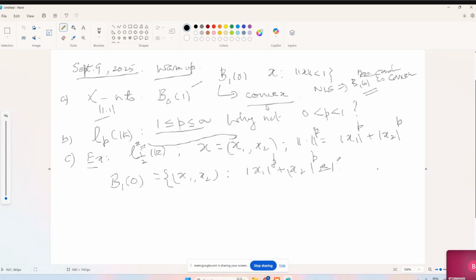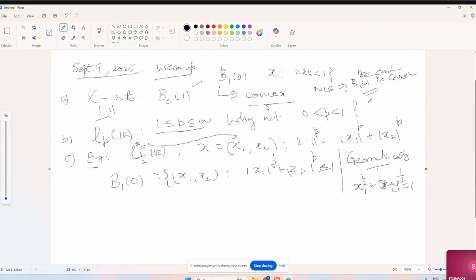So let us see what this is geometrically. I want to see x1 raised to half plus x2 raised to half. Let me say y raised to half equal to 1.